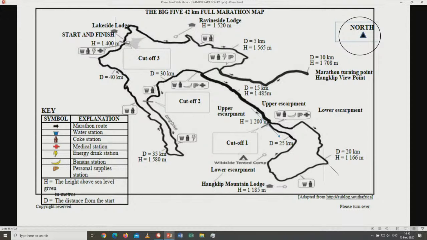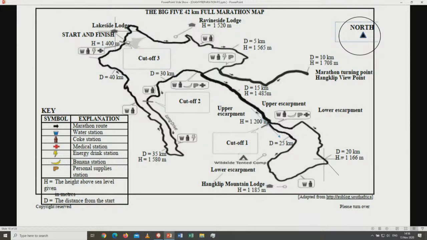What you do is, if I say the 40 kilometer mark from Lakeside Lodge, then there at Lakeside Lodge, you go and make your cross. Then from that cross, because actually it must be here exactly in the middle. Okay, I'm sorry it moved a bit there, but here is Lakeside Lodge.